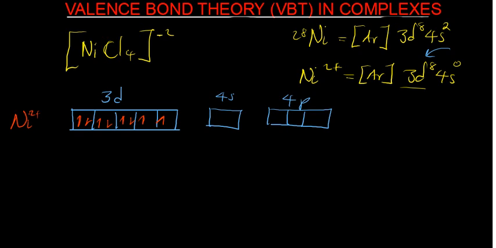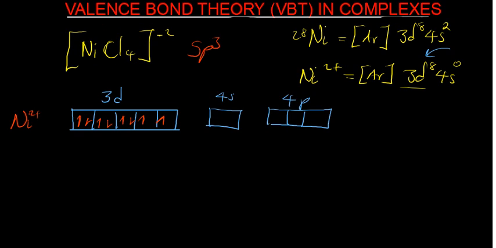So what is going to happen is, when it is reacting with those 4 ligand atoms, it is going to undergo hybridization first. So what we want to make sure, and this we need to know, is that whenever something is reacting with 4 other things, it undergoes sp3 hybridization.